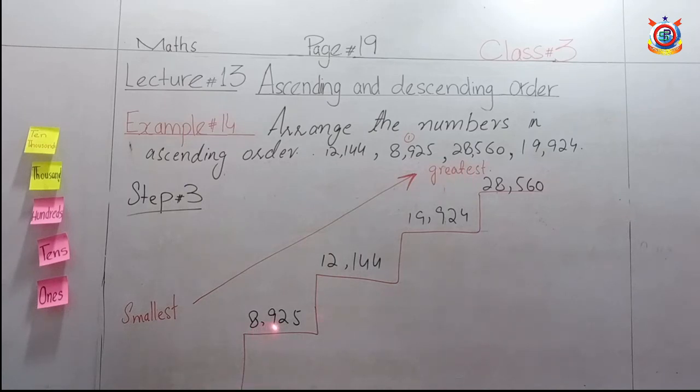Now look, 8,925 is the smallest number. After this, the small number is 12,144. The other number is 19,924 and the greatest number is 28,560. It is in arranged form and it is called ascending order.